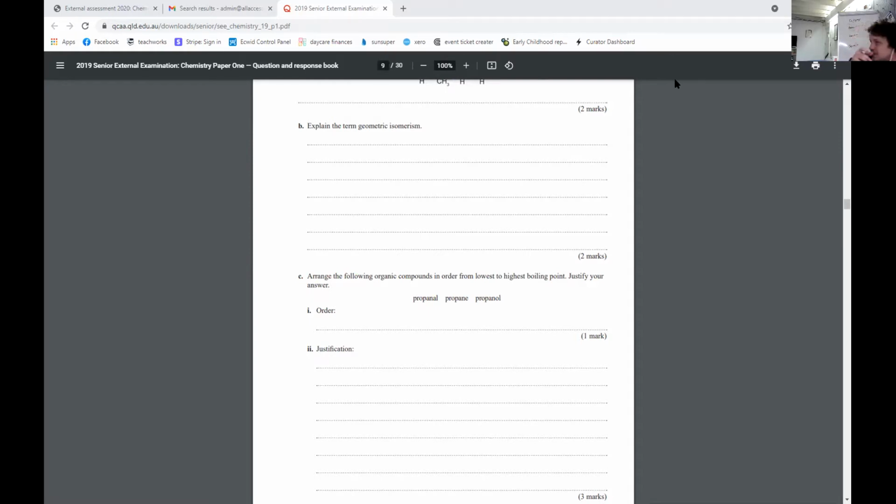What are the functional groups present on each of these molecules? So propane, we've got carbon to hydrogen.